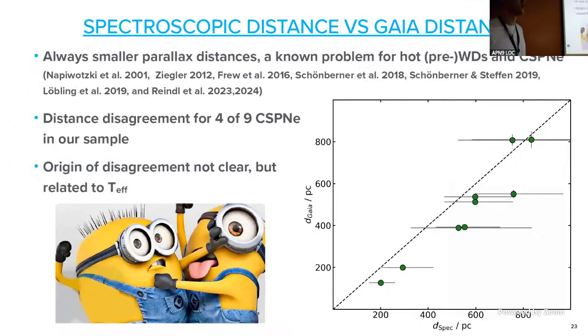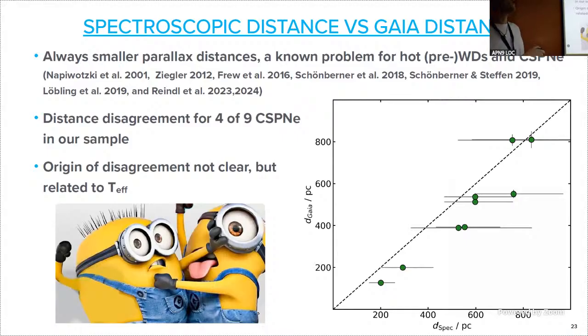This is a known problem for hot pure white dwarfs and central stars of planetary nebulae, and in almost all cases, parallax distances are smaller. In our sample, 4 of 9 central stars show this distance disagreement, and we can't find a clear origin for it, but we suspect that this could be related to effective temperature.